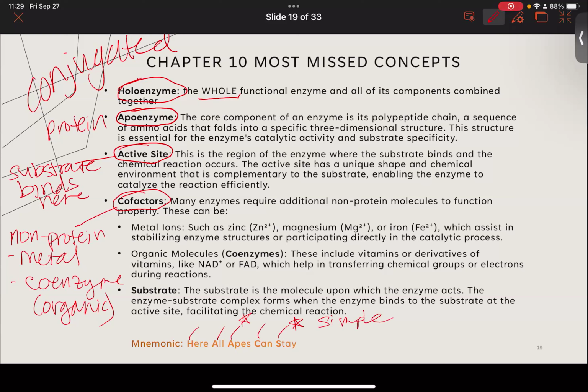And the holo, the apo, and the cofactors are for the conjugated. Well, conjugated also includes the other two as well. So conjugated is all of them. Simple is only the stars. Okay, so that's our different parts of our enzymes.